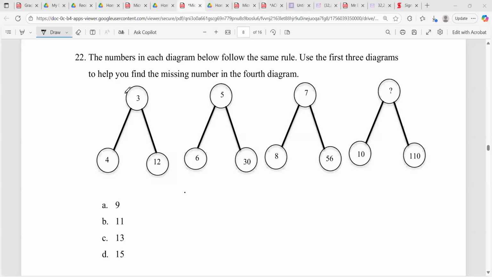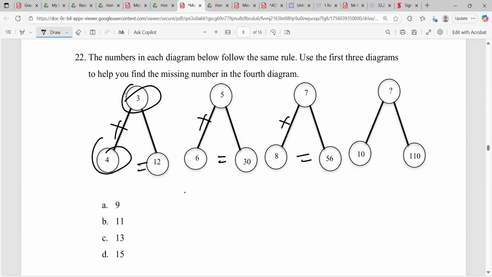The numbers in each diagram below follow the same rule. Use the first 3 diagrams to help you find the missing number in the 4th. Now there we have 3 and 4, and that give us 12, 5 and 6. So it's as if they are multiplying these 2 numbers. 3 times 4, that's 12. 5 times 6, 7 times 8, 56.